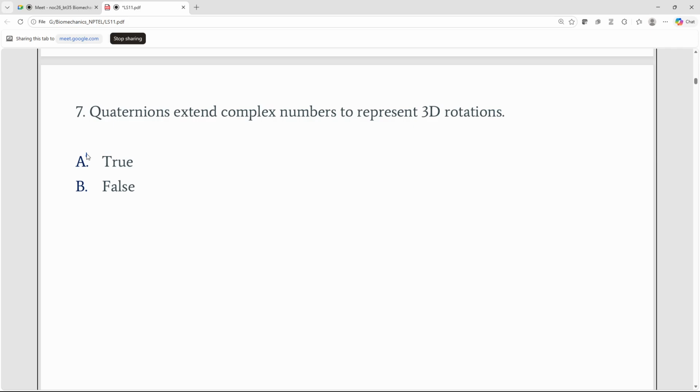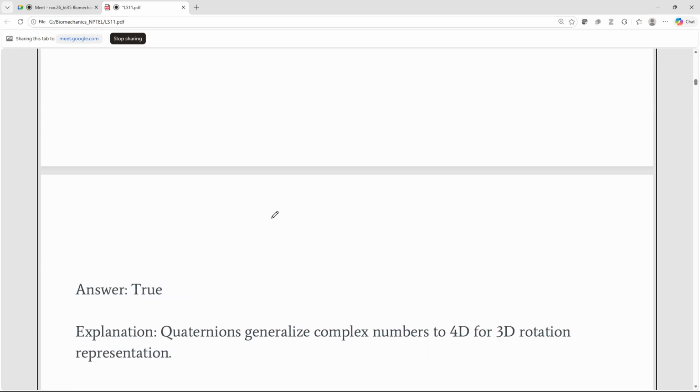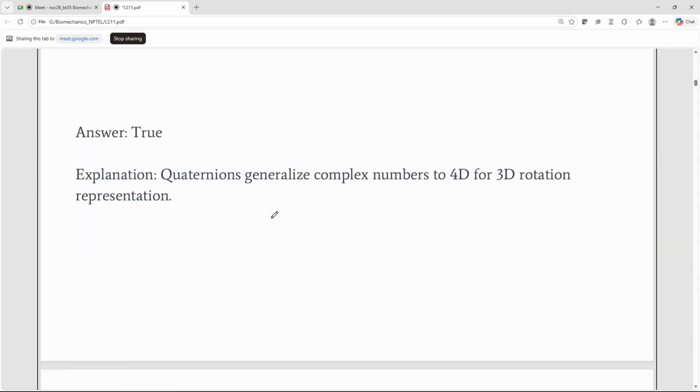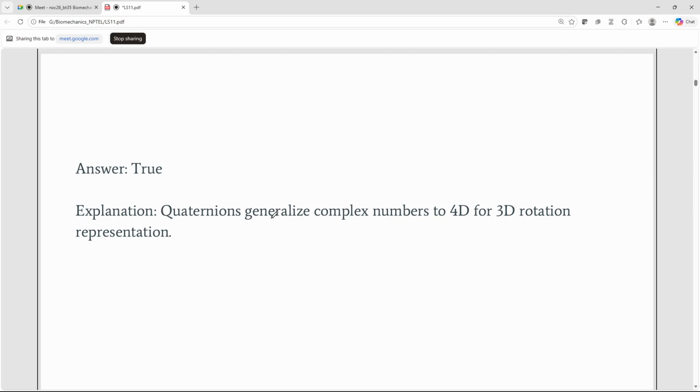Yes, correct answer option A, true. Quaternions extend complex numbers to represent 3D rotations. Quaternions generalize the complex numbers to 4D for 3D rotation representation.